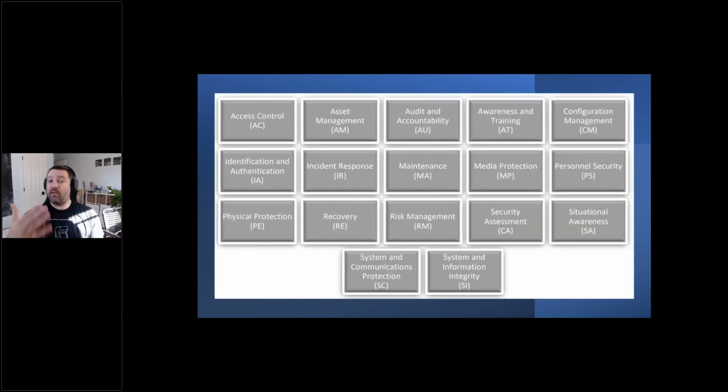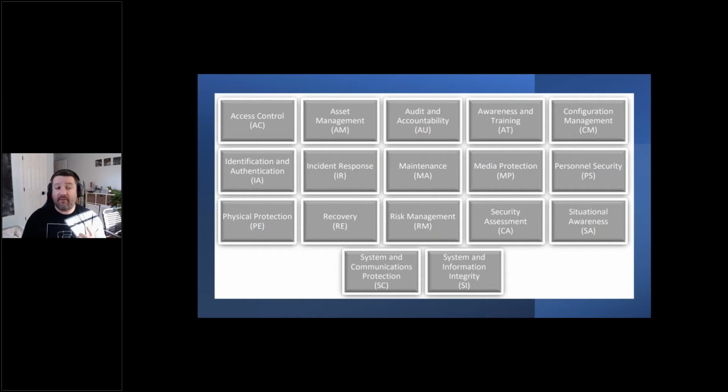Now I'll show you this again, and we'll discuss what is inside of these 17 different domains. But these are the domains that organizations will be assessed against in terms of processes and practices. As you can see, these are standard, typical cybersecurity and physical security types of domains. You have asset management, access control, incident response, security assessment.